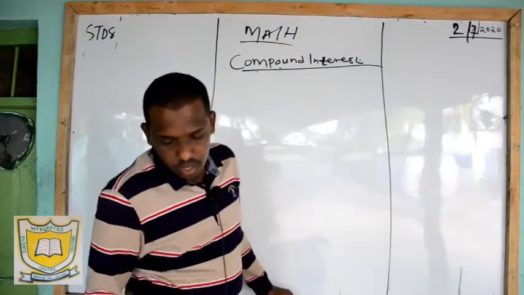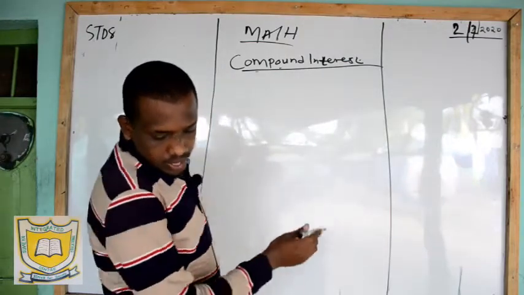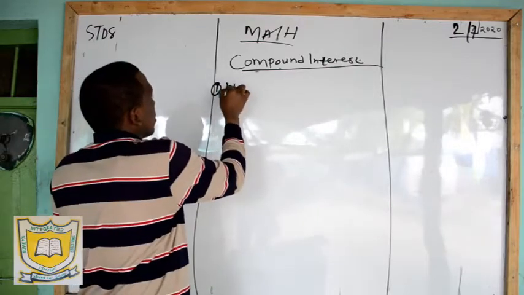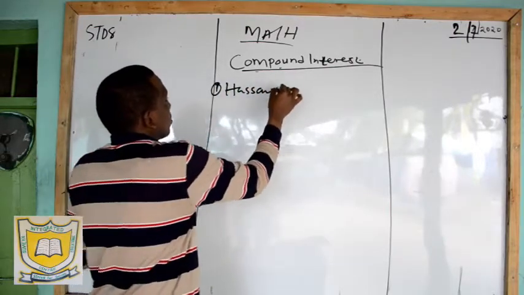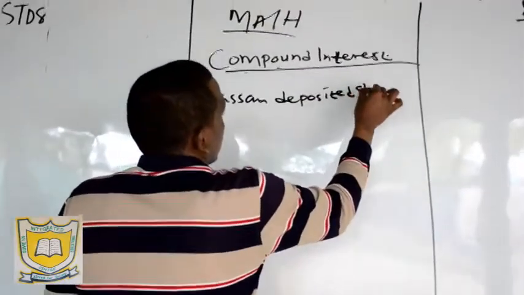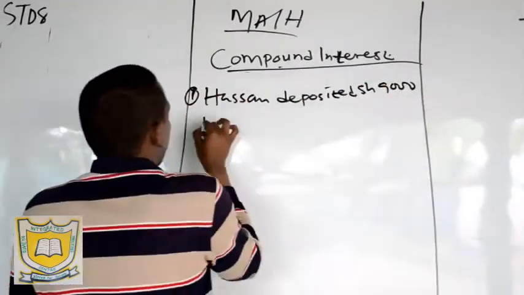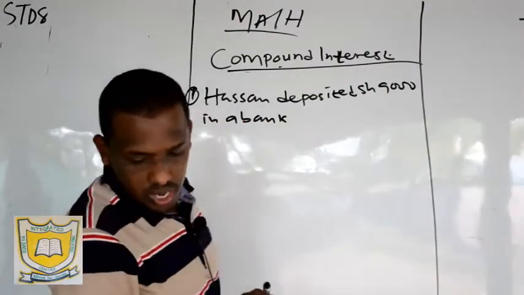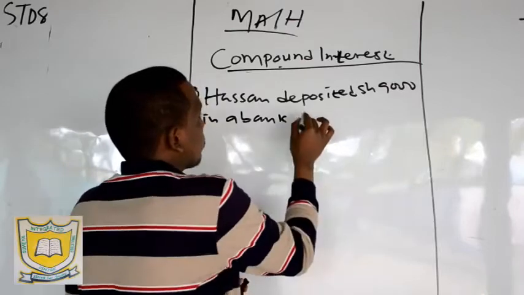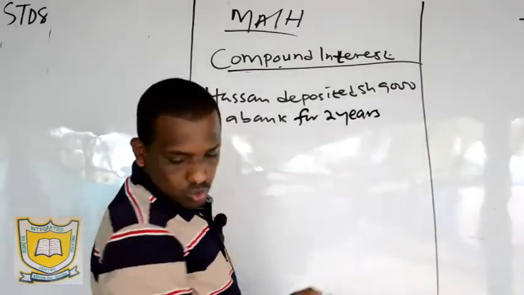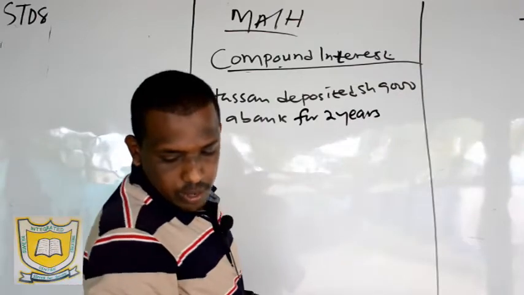Here you are told, let's say Hassan deposited shillings 9,000 in a bank for 2 years.